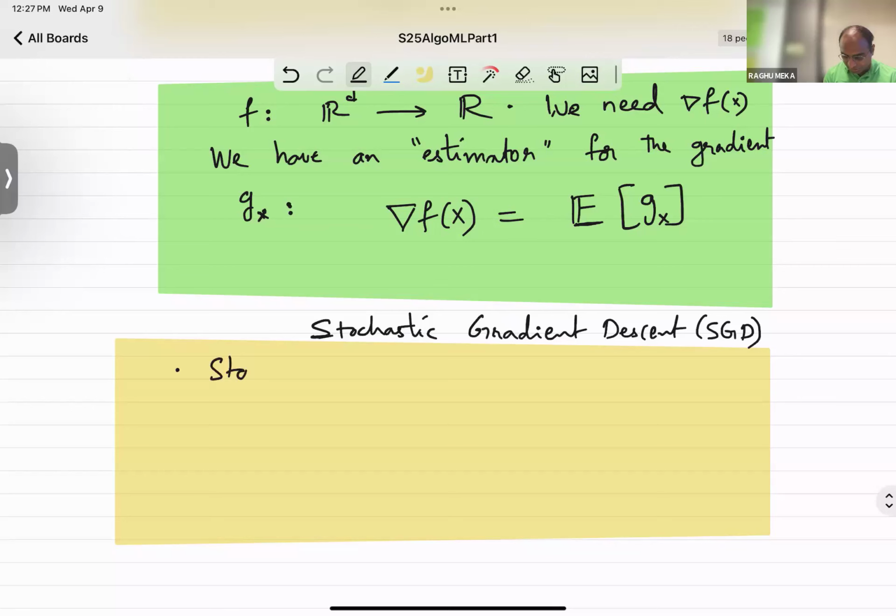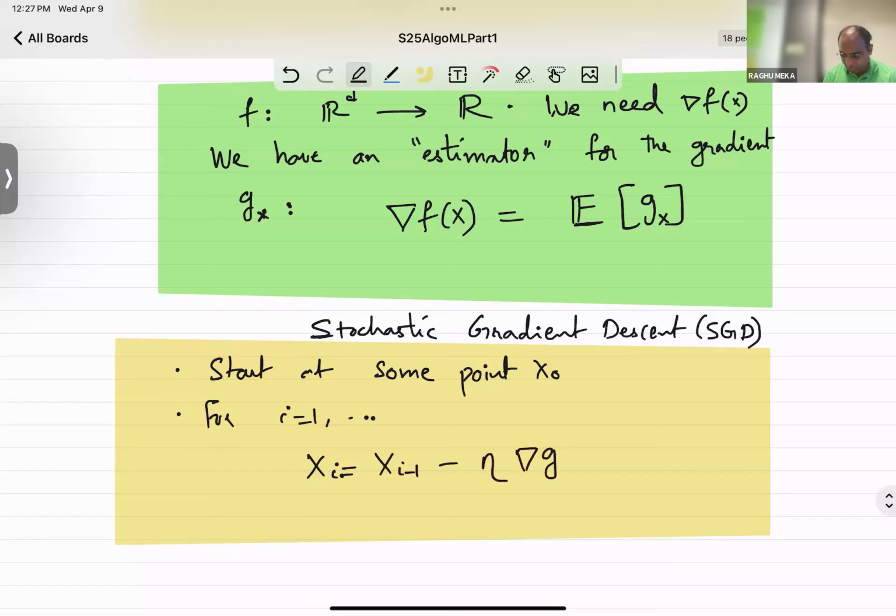So, you start at some point x0, and for i equals 1 and so on, you set x_i equals x_{i-1} minus eta times the estimator.